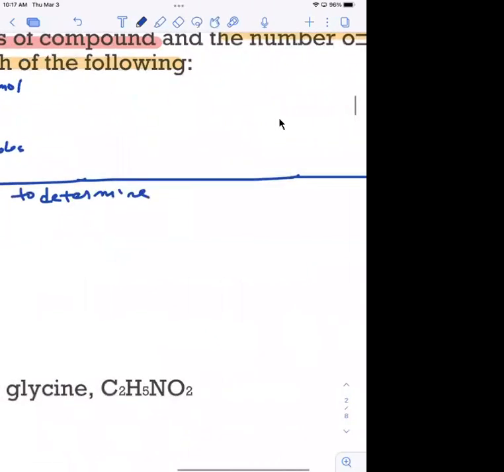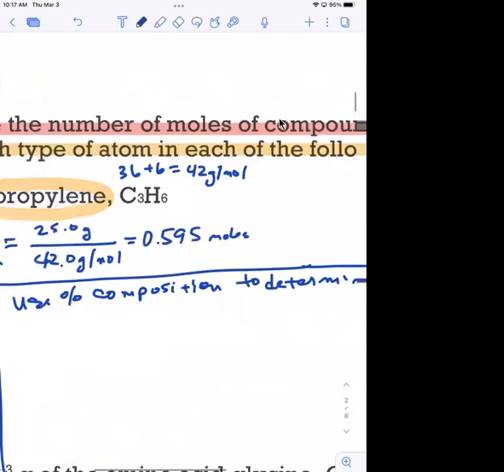Okay, wait, question. Before we move forward, can we go over how we got all these numbers? I understand, I think, the 36 plus, go back over, was it 4? 6. We just got the molar mass just like we did in the previous question. Add up. Molar mass, that's the same thing as atomic mass? Atomic mass is the mass of the atom.